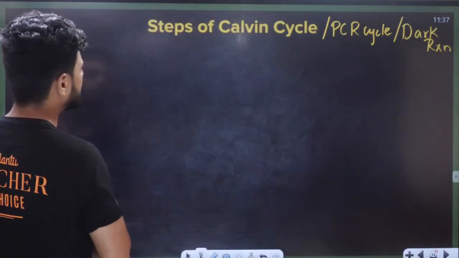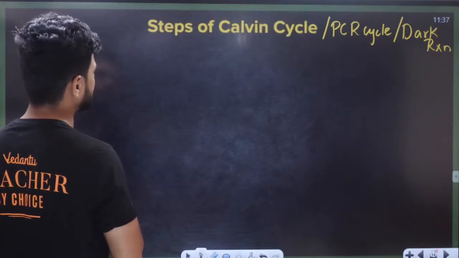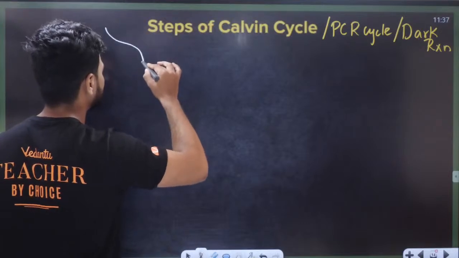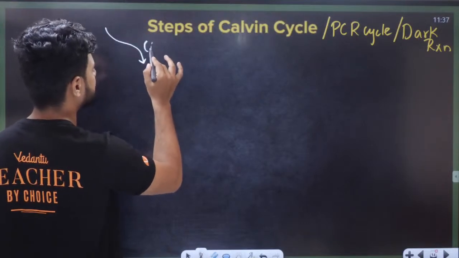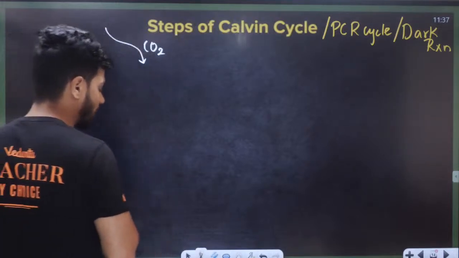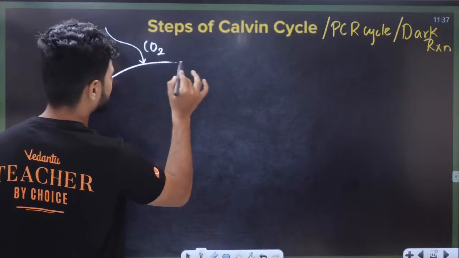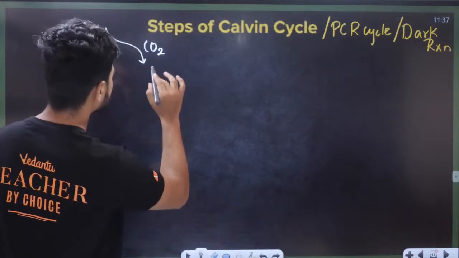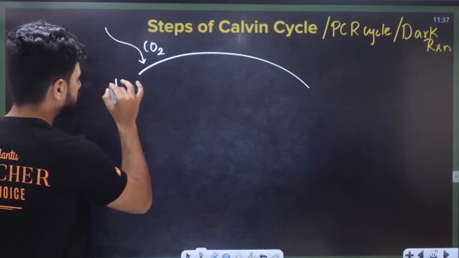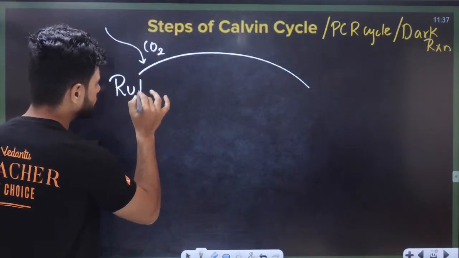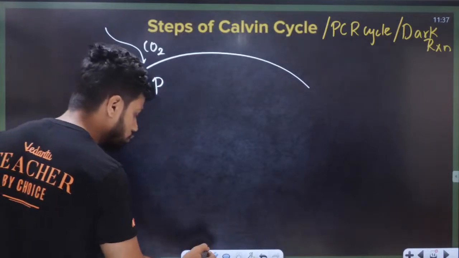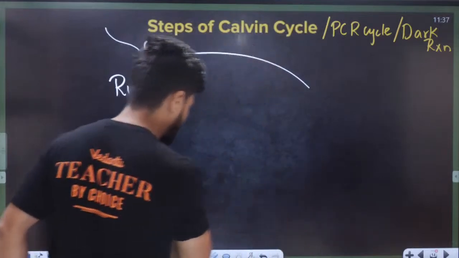Now students, the first thing we need to understand here is that CO2 is entering from the atmosphere. Now CO2 is taken up by a molecule called RuBP, that is ribulose 1,5 bisphosphate.